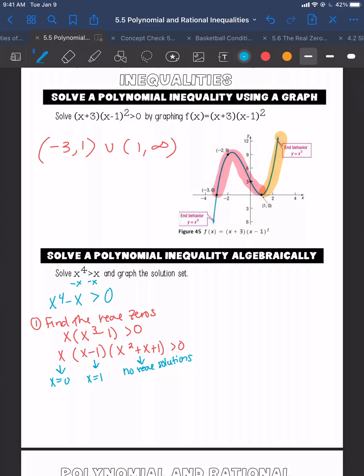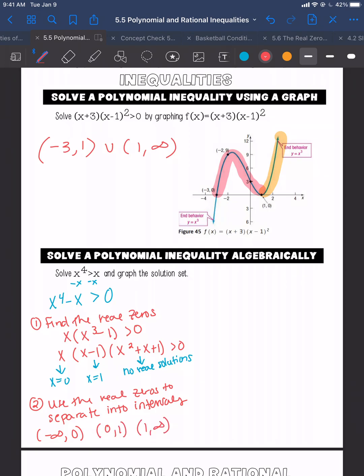And then what we're going to do is use the real zeros to separate into intervals. So our intervals then would be from -infinity to 0, from 0 to 1, and 1 to infinity.